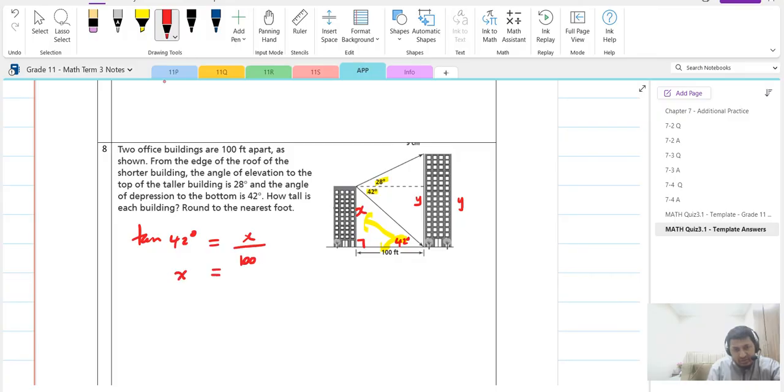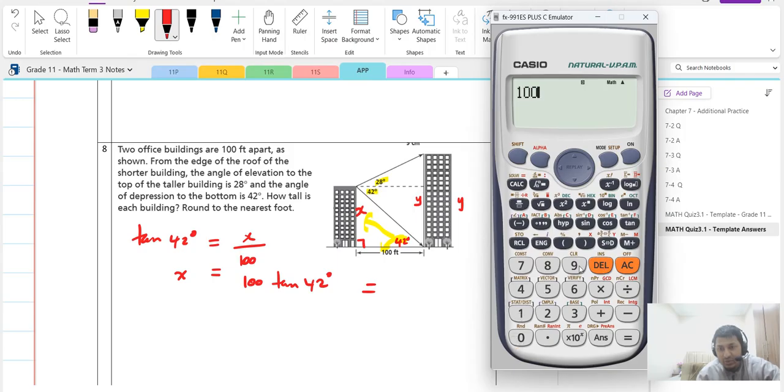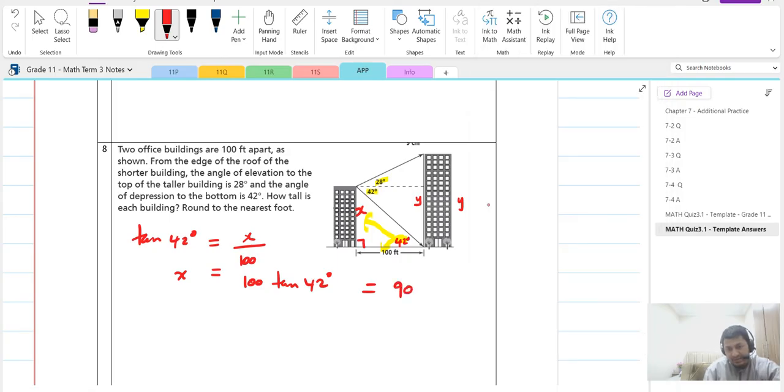So x is equal to 100 tan 42 degrees, which gives me 90 to the nearest foot, 90 feet tall. That's x, the small building. You can just mark the diagram x and y, so we will know.